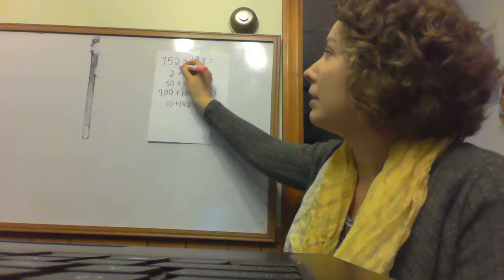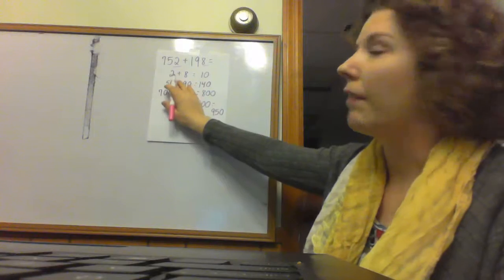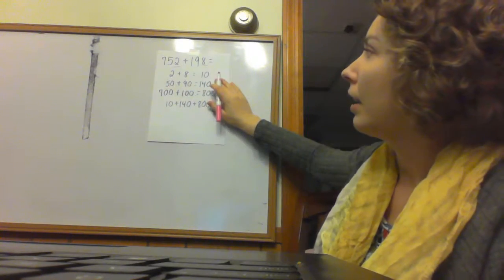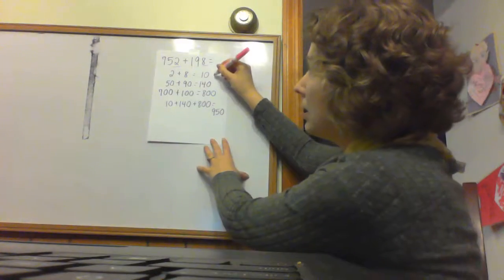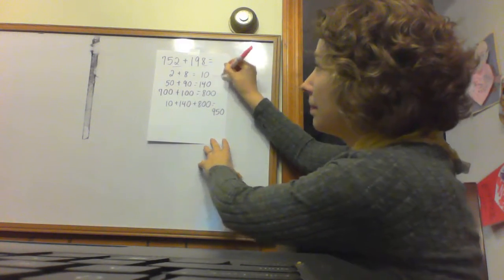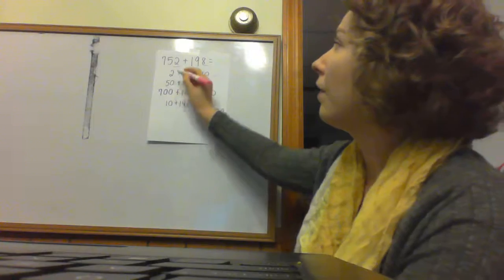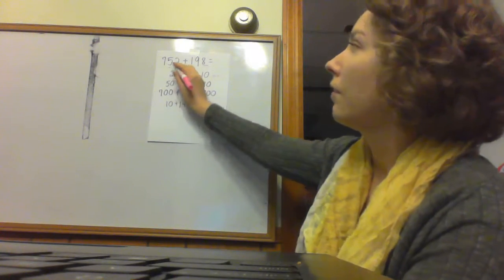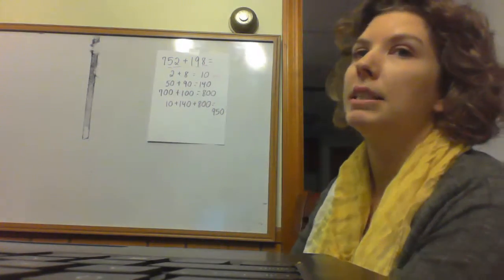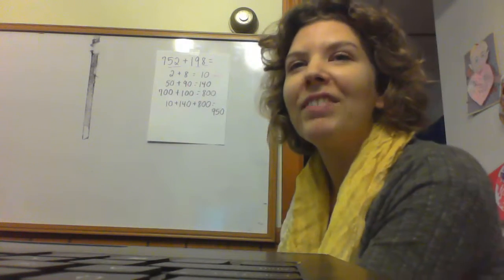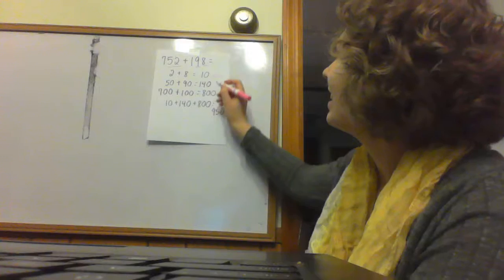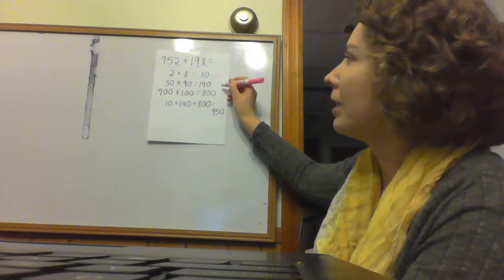I've added my ones together, and I've figured out that 2 ones plus 8 ones equals 10 ones. All right, then I've gone to the tens. 5 tens plus 9 tens equals 140.